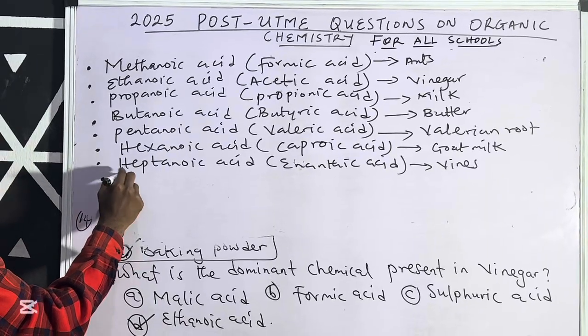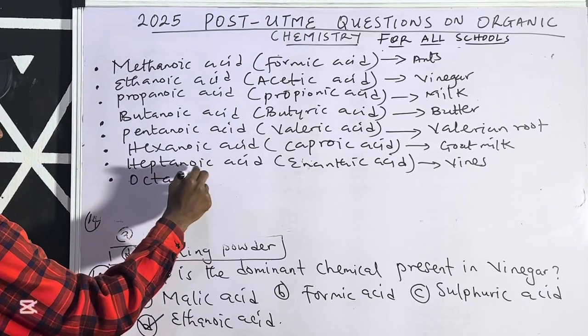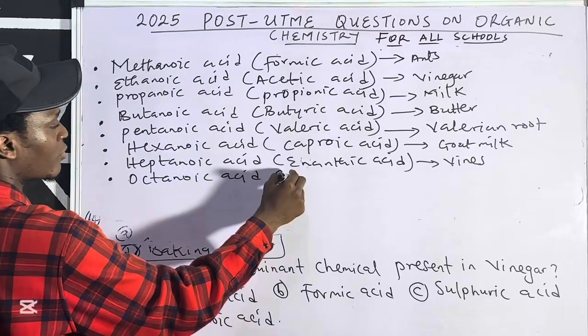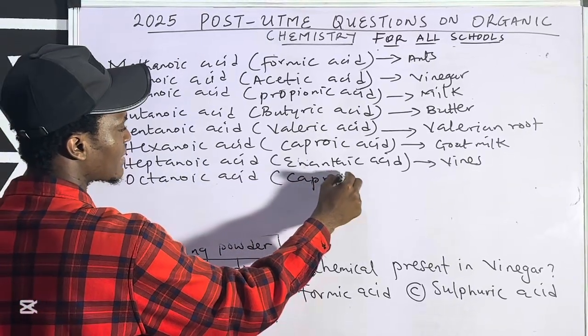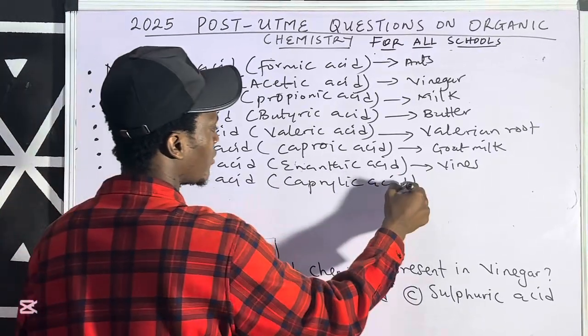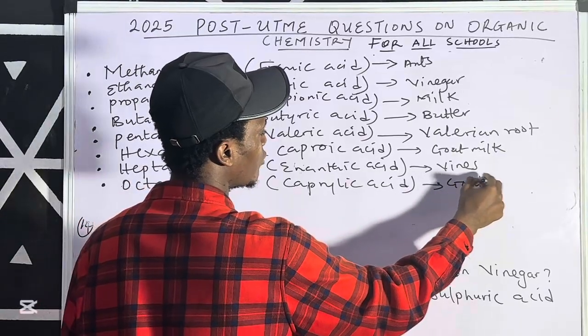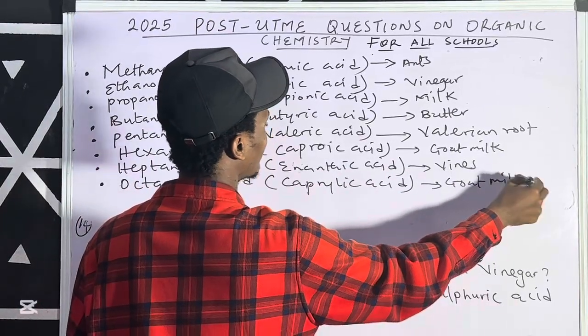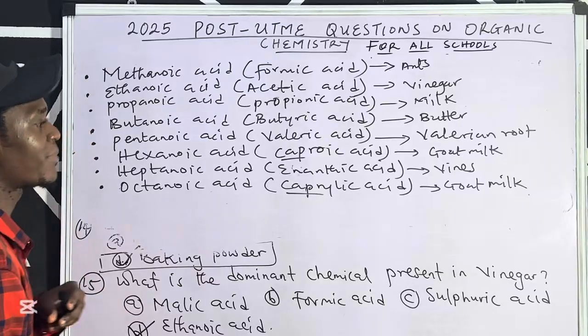Then the next is octanoic. Octanoic acid is also called caprylic acid, and of course it is also found in goat milk. If you observe, all of them are carrying cap.